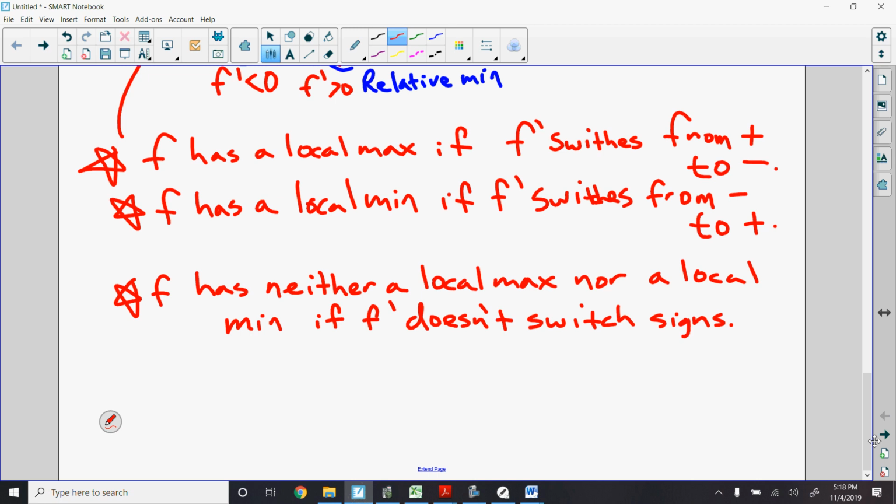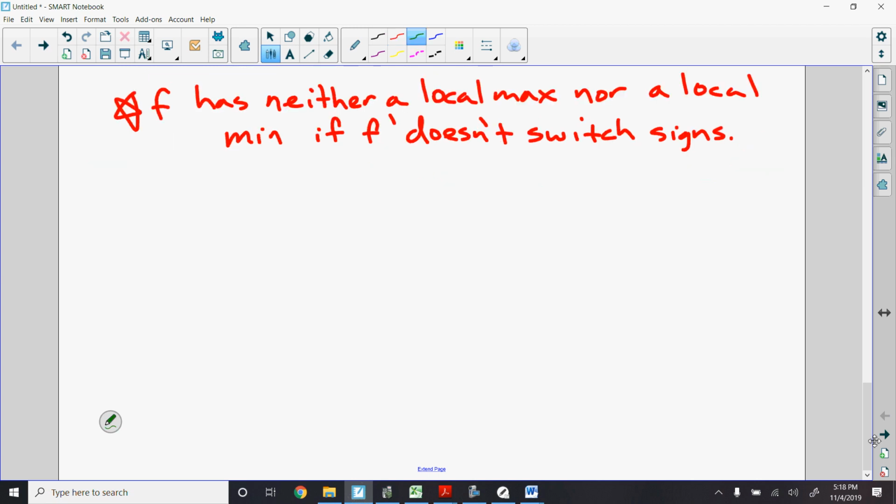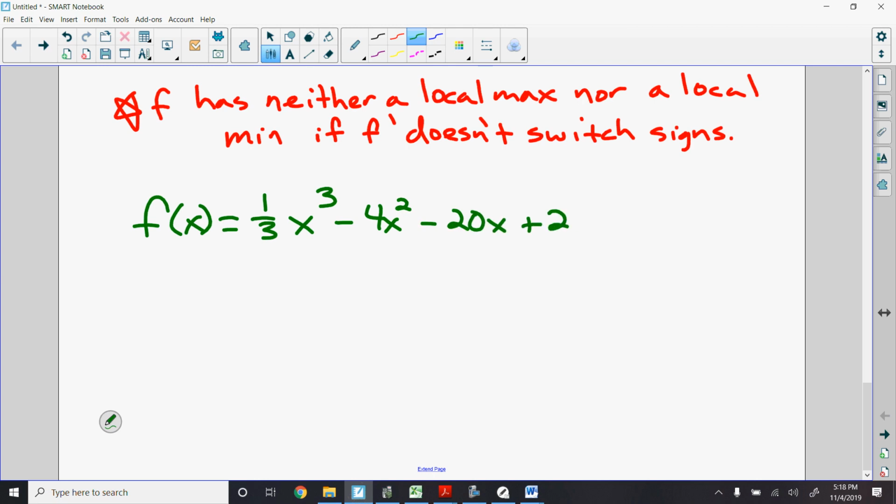So let's take a look. I want to do 2 examples of this, and then we'll cut it short. Okay, so here's our function.